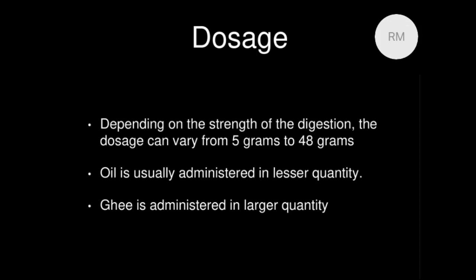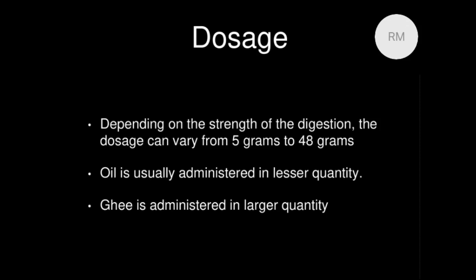For people who are not used to taking ghee, a sudden administration of large quantities of ghee can cause difficulties in digestion and discomforts. So it's always better to start with a safe dose of 5 grams and then gradually increase it.